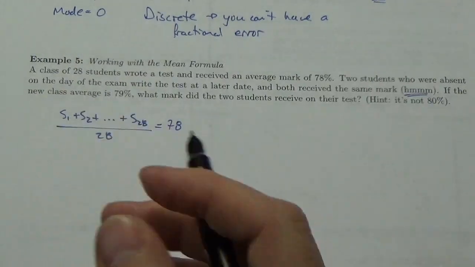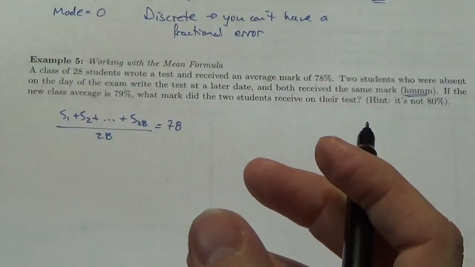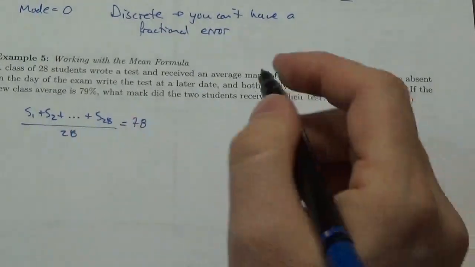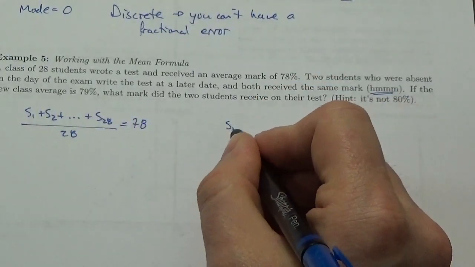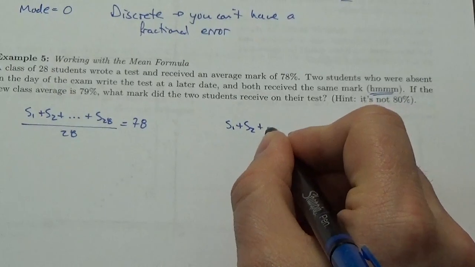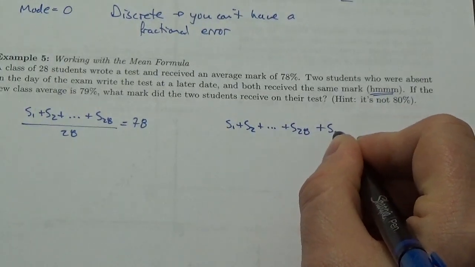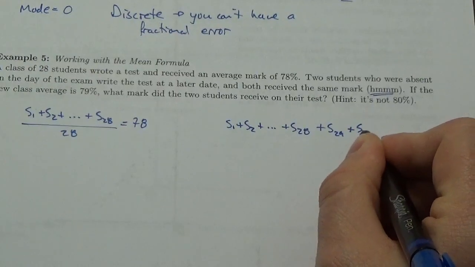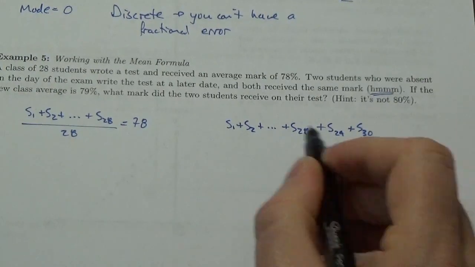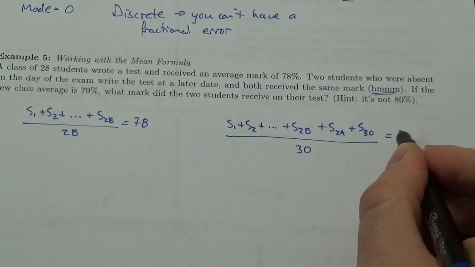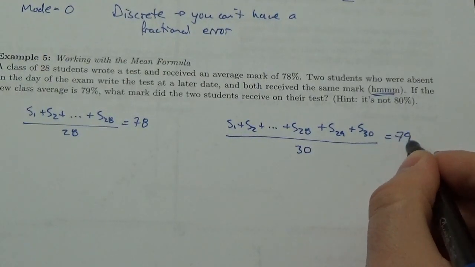So that's what that first little bit of information is saying. Now we're changing our scenario a little bit. Now we've got student 1 plus student 2 plus ... plus student 28, and now we're adding student 29 and student 30, each of which are going to have the same mark. And when I divide that by 30, I'm now getting 79.